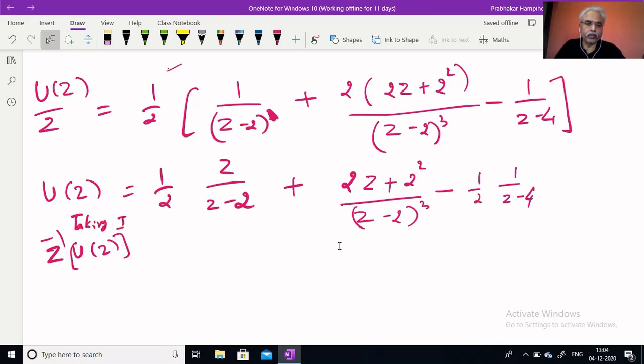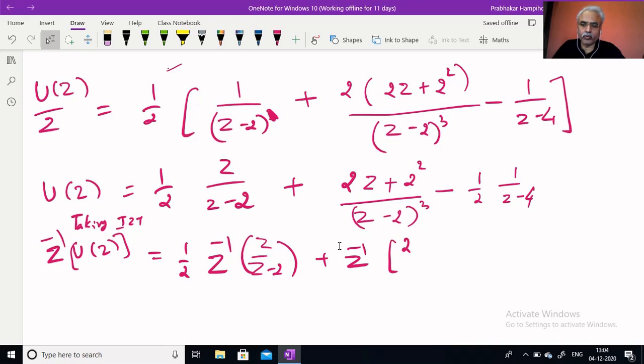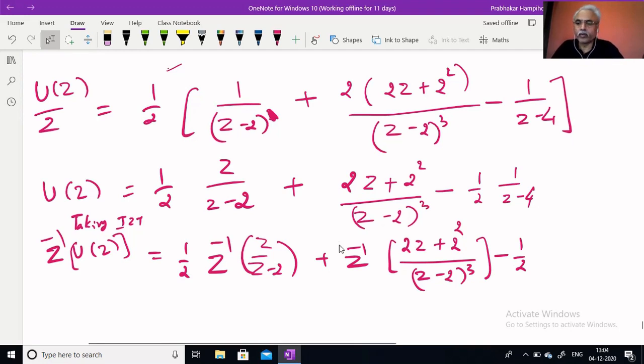So half of z inverse of first term, z by z minus 2, plus z inverse of 2z plus 2 square upon z minus 2 whole cube, minus 1 by 2 z by z minus 4.